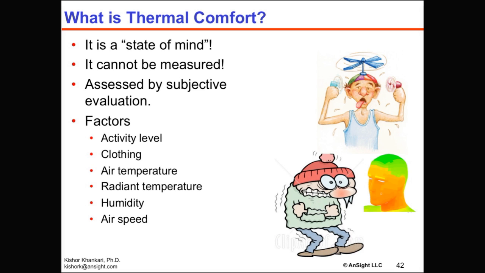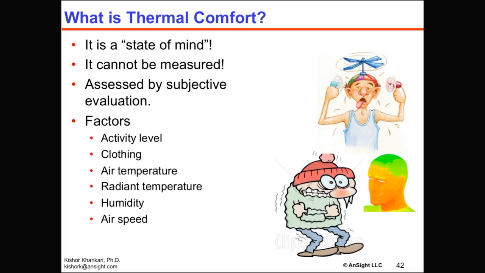But scientists in the world try to correlate thermal comfort with different parameters: your activity level, whether you are sitting in your office, in the gym, or in the factory; the clothing level, what you are wearing; the air temperature around you; the wall temperature around you; the radiant effect on you; and humidity level.